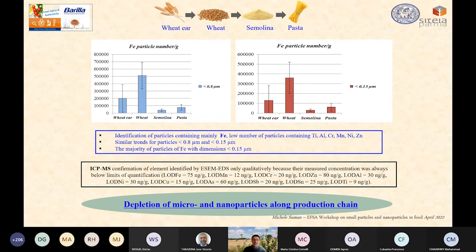The final outcome is a depletion of micro and nanoparticles along the chain, moving from the wheat itself to the finished semolina and pasta product.